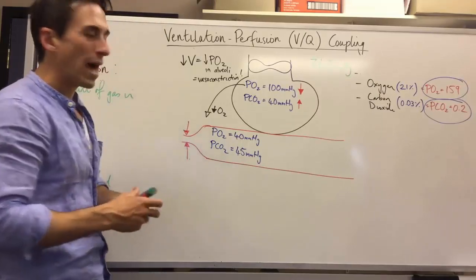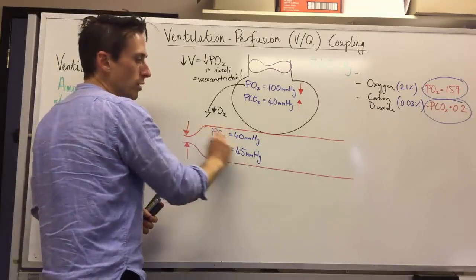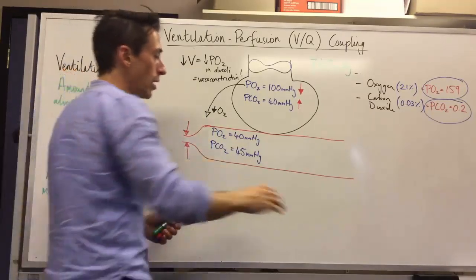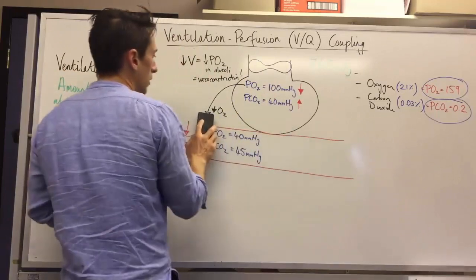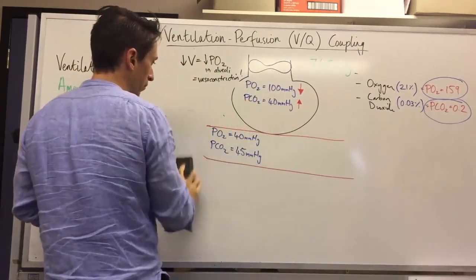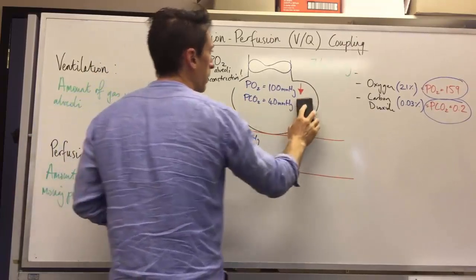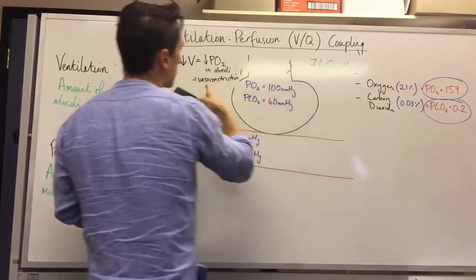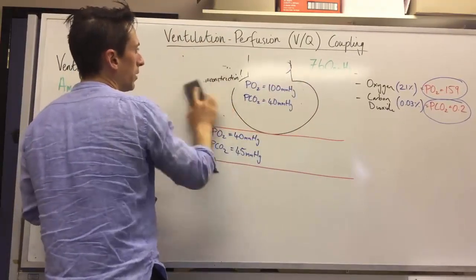Now I want to talk about what happens if something blocks the blood flow going through. So dropping the perfusion. So let's have a look. So remove that. Get rid of the peanut. Airways are nice and clear. Let's keep this up here, but let's write it a bit neater.